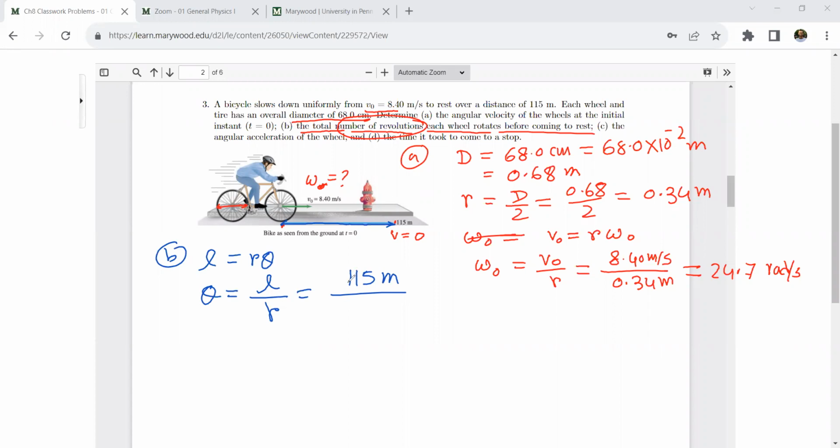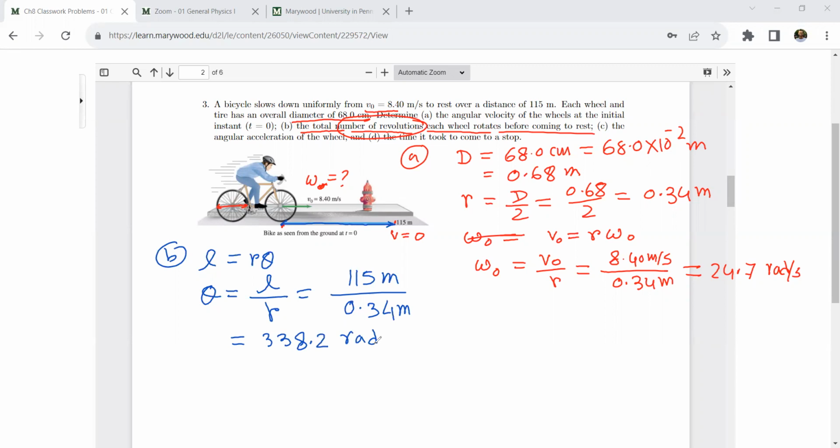For this 115 meters of linear length, what is the corresponding theta? We already know R equals 0.34 meter. So this gives us theta equals 338.2 radians. This is in radians.